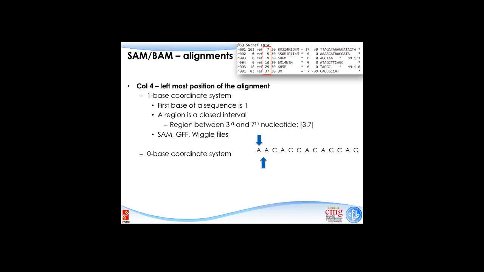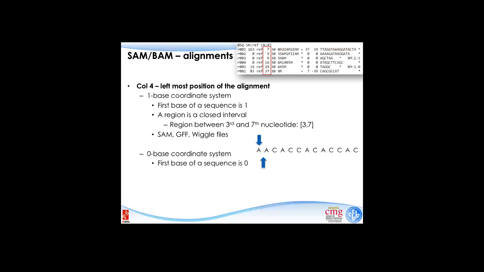And actually, GFF and Wiggle files in the UCSC genome browser all use the one-base coordinate system. But just to make sure to confuse you enough, there is a zero-base system as well. What that means is the first base of the sequence is 0, and then the second base is 1.